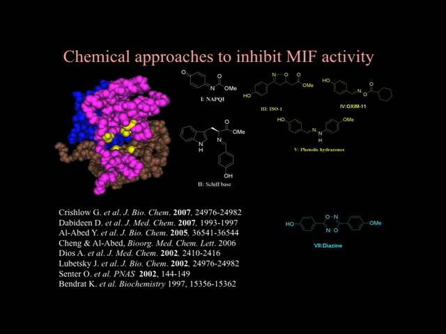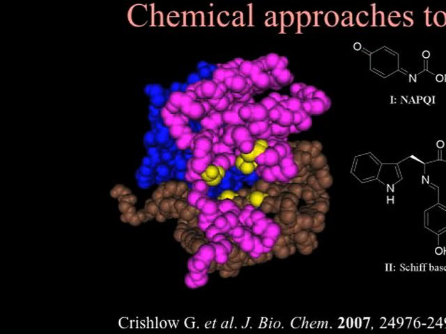Here is MIF again in a different presentation, and we highlighted in yellow the amino acids composing that hydrophobic bucket. We had the hypothesis since 1999 that if that hydrophobic bucket is crucial for MIF, what if you design a small molecule and stick it into that bucket, and ask the question: in the presence of MIF and the inhibitor, can you neutralize MIF activities?